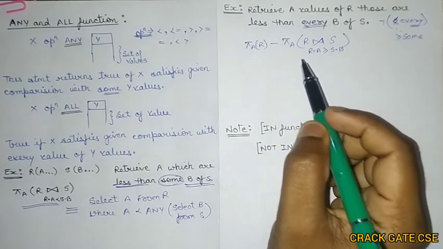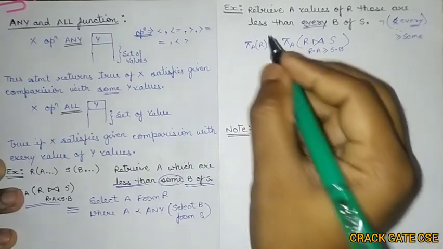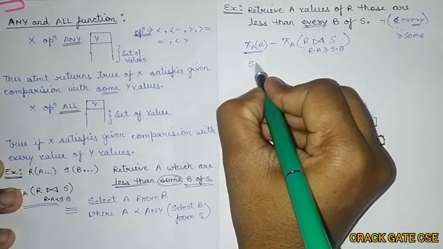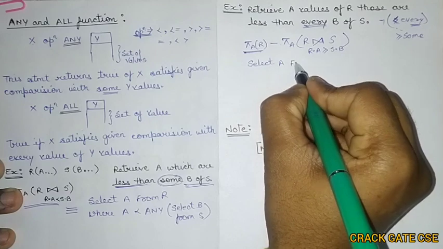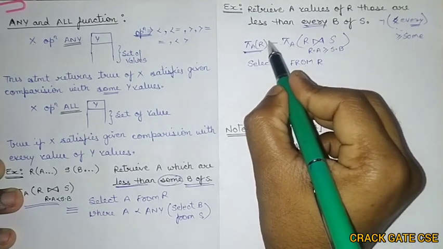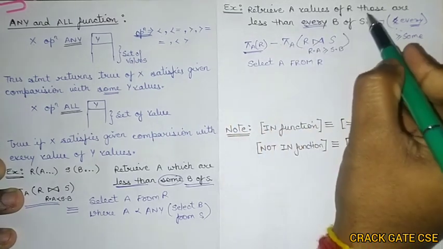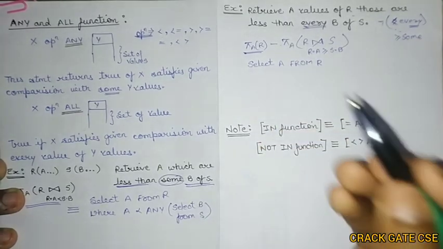Now let's find out how I can write the equivalent SQL query for them. You can easily manage this by writing select a from r. Now I have to make sure of this particular thing: I have to find the a values of r that are less than every b value of s.